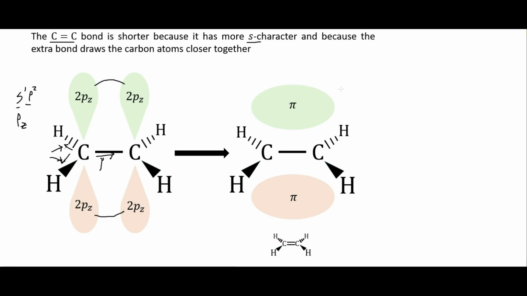And so I didn't discuss this in the introductory video, but the reason I put these in two different colors, and this won't really be important in this video, but it will be important in later videos, is that these are in different phases from each other. And so if we wanted to turn this over 90 degrees and plot the phase of it, we might say that this is in the negative phase.